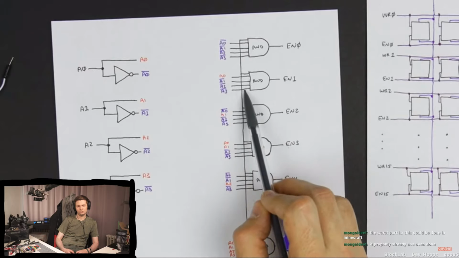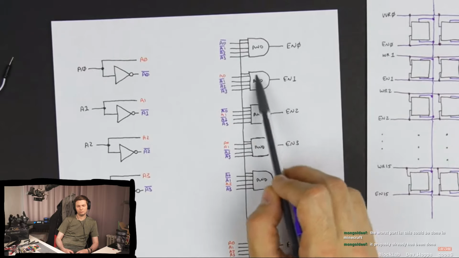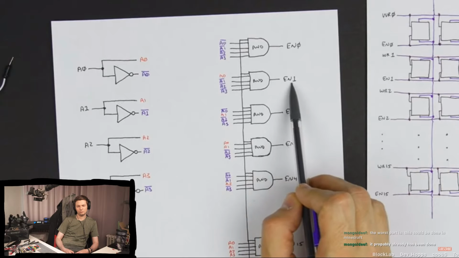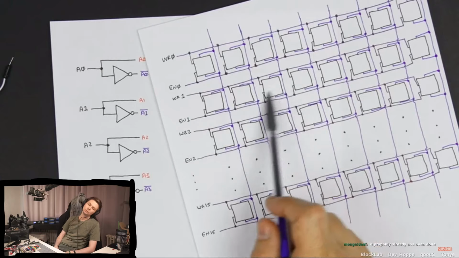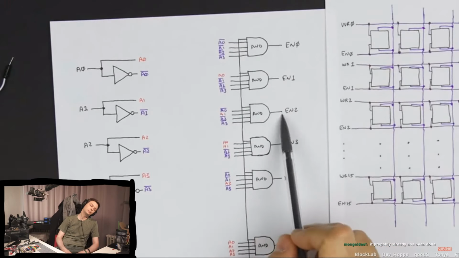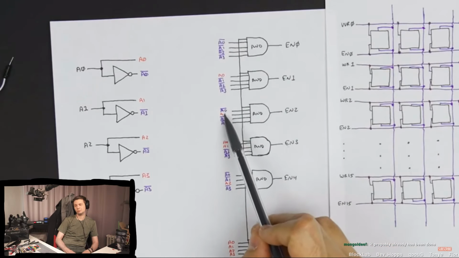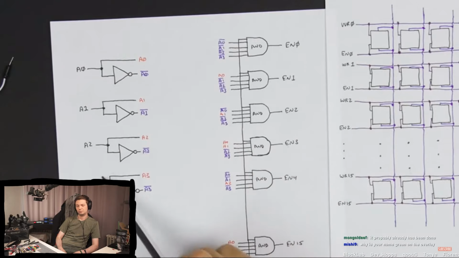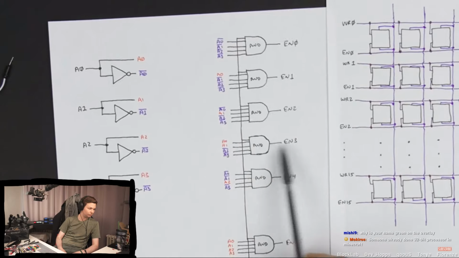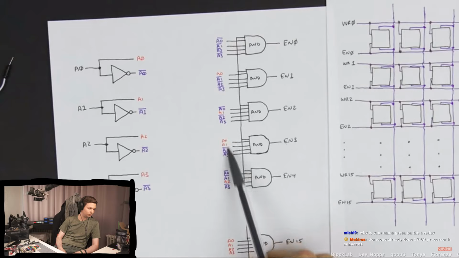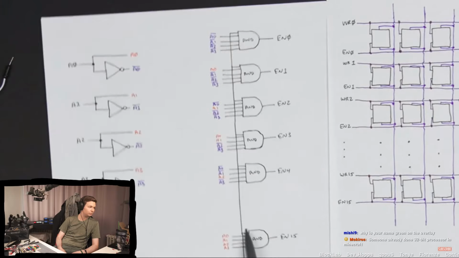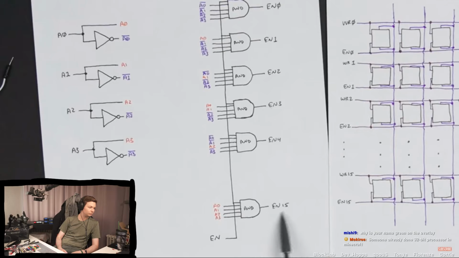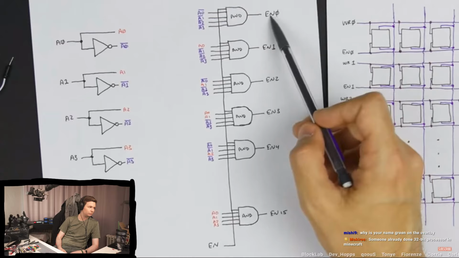Then all of these signals are on, and so this AND gate turns on. And so now we're enabling reading from byte 1, which is our second byte here in memory, and so on. So for enable 2, it's 0, 1, 0, 0 that's coming in on our address lines over here. For 3, it's 1, 1, 0, 0, which is binary for 3. For 4, it's 0, 0, 1, 0, and so on, until we get down to our 16th byte, which is 15, because we're 0-based.